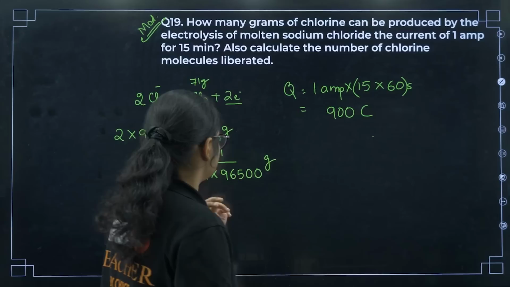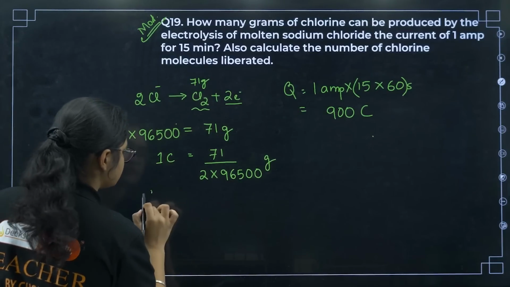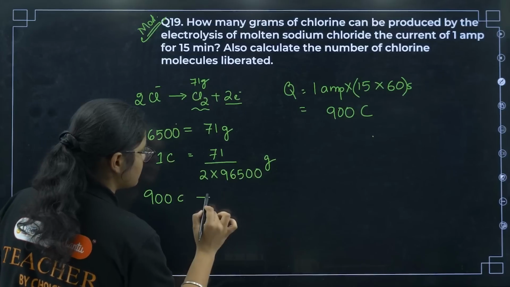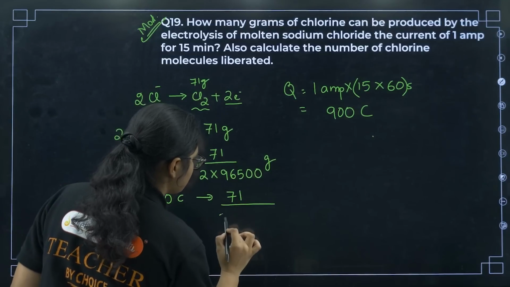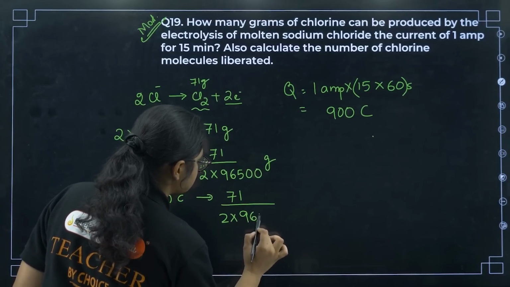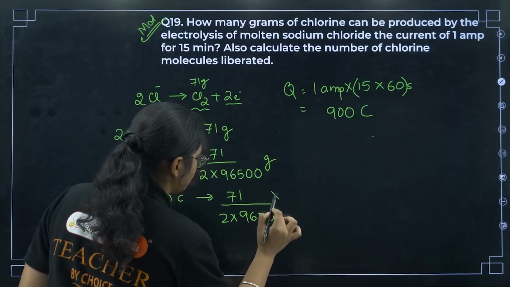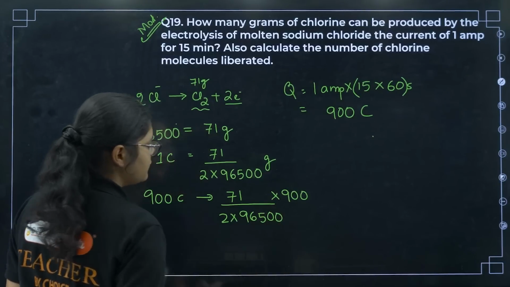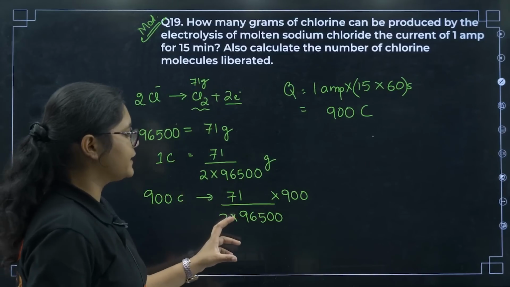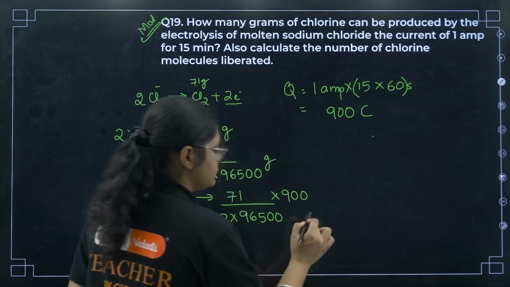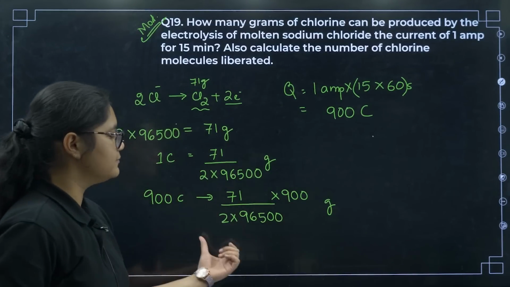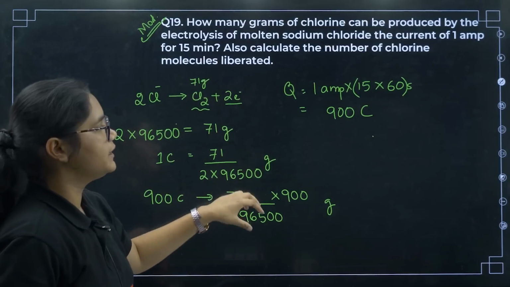Now 1 coulomb deposits this much, so from 900 coulombs, how much will be deposited? 71 by 2 into 96500 into 900. If I solve this, I will get this many grams of chlorine deposited.